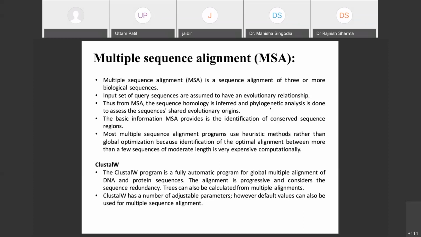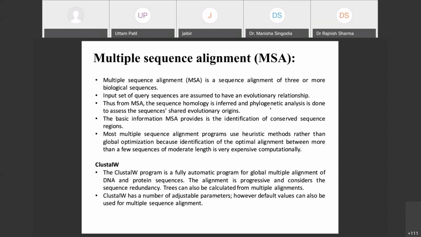Heuristic methods are learning methods rather than global optimization methods, because identification of the optimal alignment between more than a few sequences of moderate length is computationally quite expensive. Okay. So multiple sequence alignment has a lot of strengths. However, it also requires a good amount of computational memory.